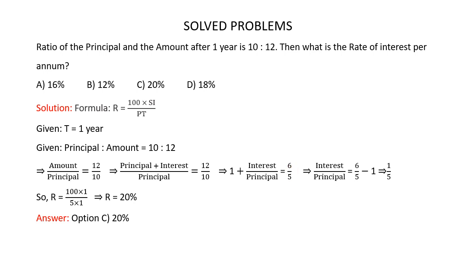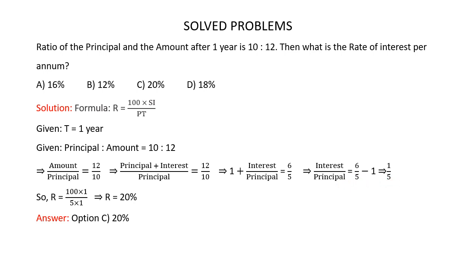So interest divided by principal is equal to 6 by 5 minus 1, which is nothing but 1 by 5. So in this formula, you have simple interest divided by P, and we have found out that simple interest divided by principal is 1 by 5.